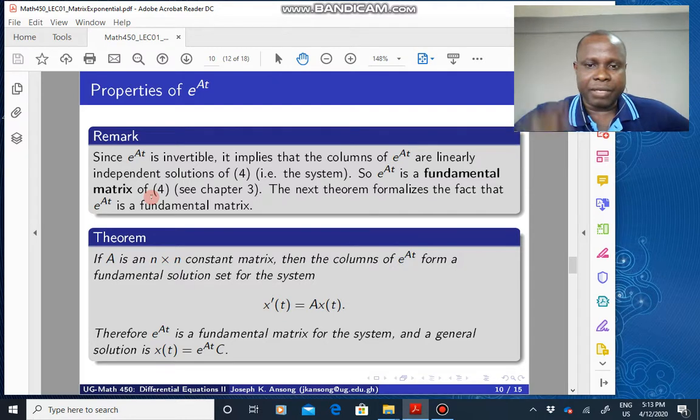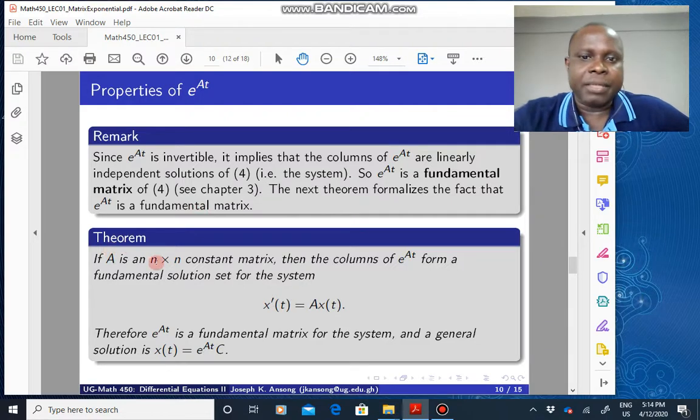In a fundamental matrix, the columns of the matrix form solutions. They are linearly independent solutions of the system. You have to go back to chapter 3 in the lecture notes. If you look at chapter 3, you will see the definition of what a fundamental matrix is. But it's important later on in solving systems.